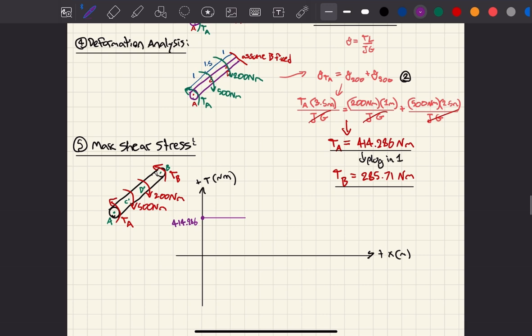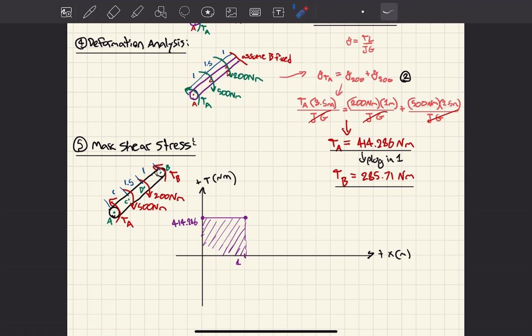If this is 1, this is 1.5, and this is 1, until we reach 1 meter we have this constant torque.